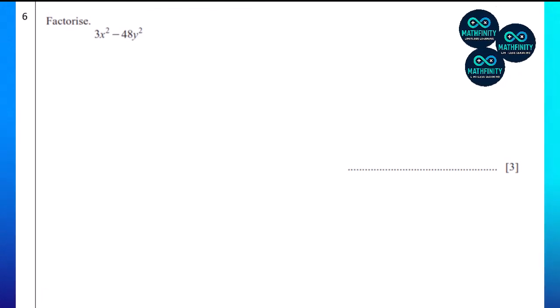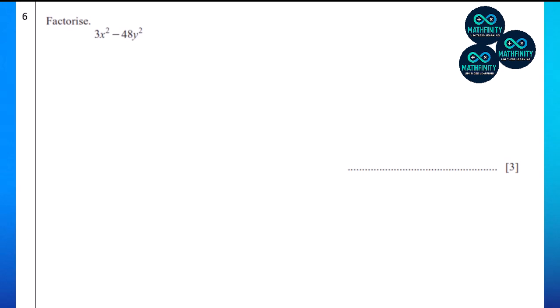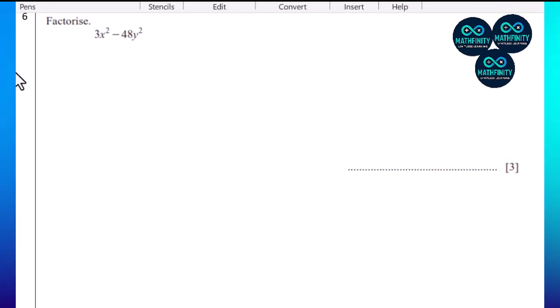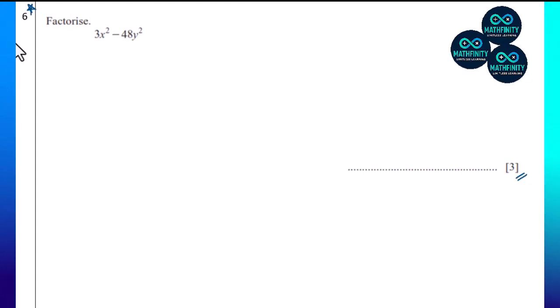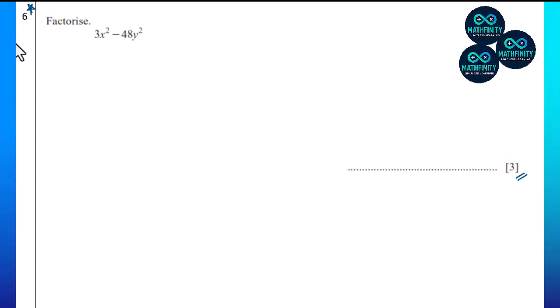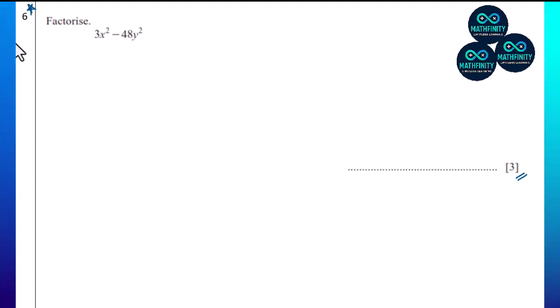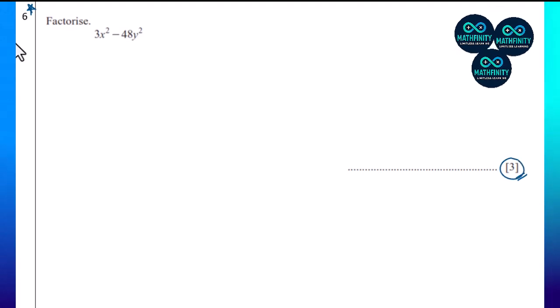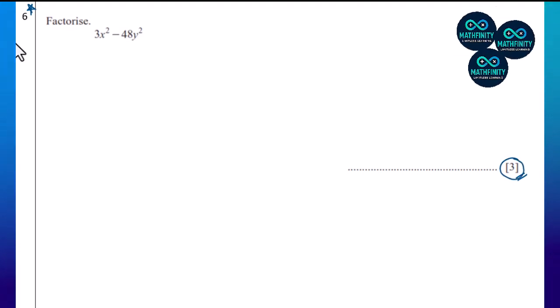Question number 6. Factorize 3x square minus 48y square. And this question is for 3 marks. This is a very important question. Why 3 marks? Whenever you have to factorize two terms and the marks are 3, it means you have to apply both rules.